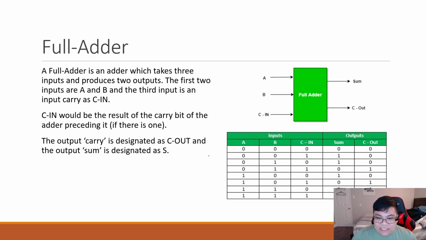So I need to cover all of these, right? If you look here, 0, 0, 0 is equal to the 3-bit binary number of 0. 0, 0, 1 is equal to the 3-bit binary representation of 1.